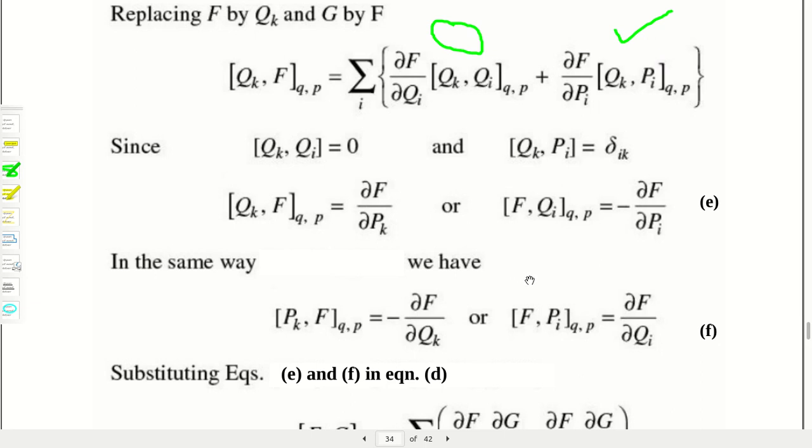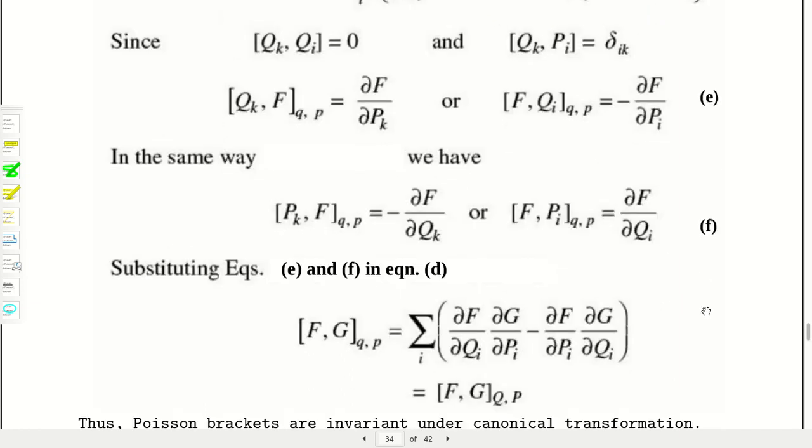For your sake of understanding, I suggest that you prove this by a similar technique as the one followed to prove that {F, Q_i} is equal to minus ∂F/∂P_i. So follow the same technique, and you will get the same formula.